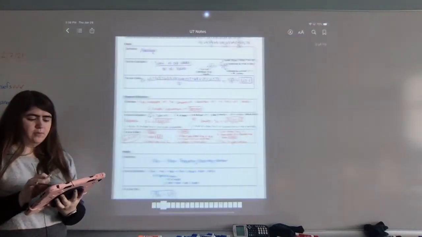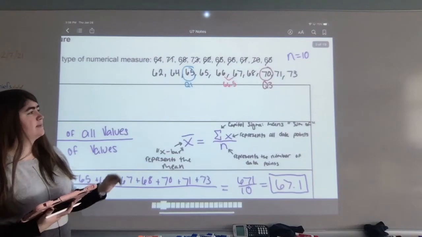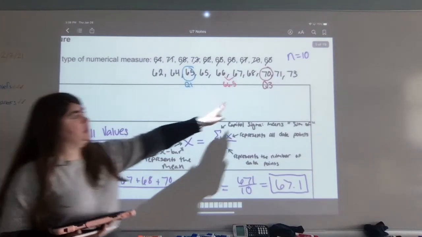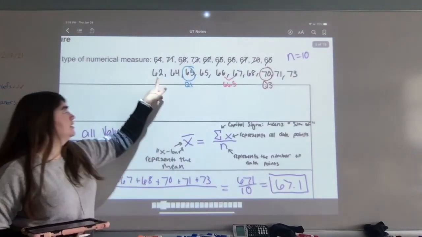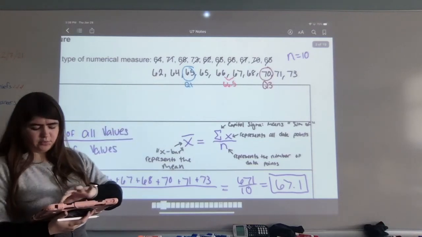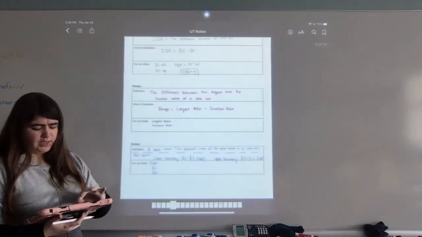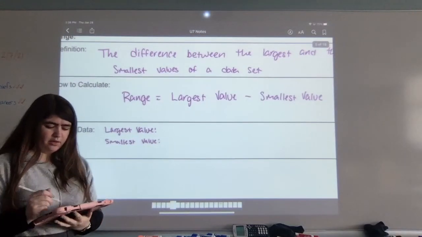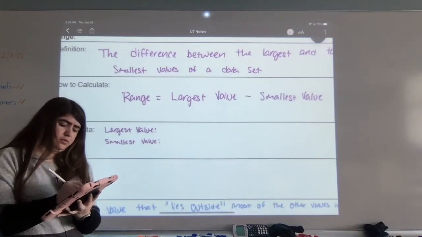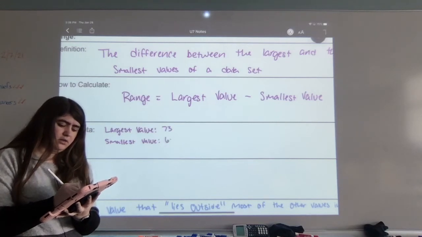As I'm going back to that first page, I'm noticing that my largest value is 73 and my smallest value is 62. I'm going to write that down real quick. My largest value was 73, smallest value was 62.